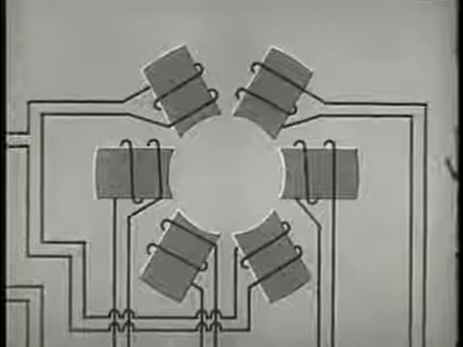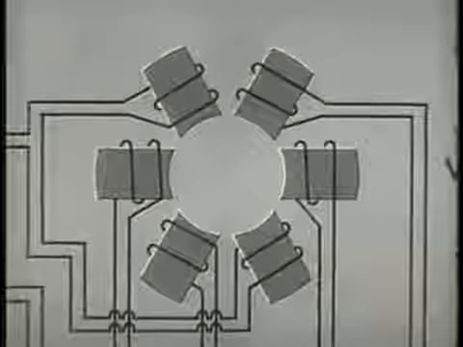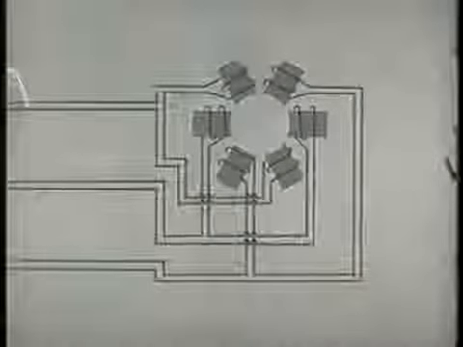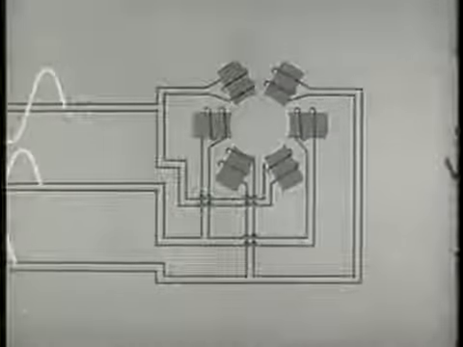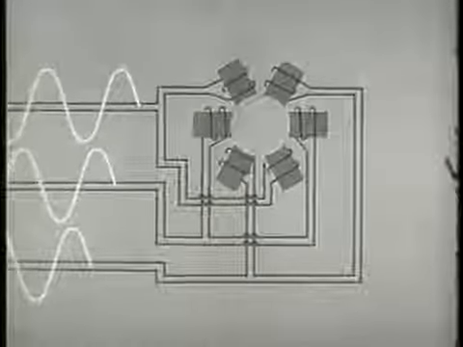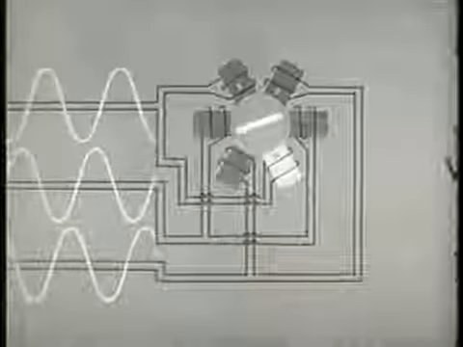Six magnets set in a circular arrangement represent the field of a three-phase induction motor. These three pairs of conductors, one pair for each AC phase, supply the field. Because of the time difference in the three phases, the poles will be energized in successive order, thus rotating the field electrically.